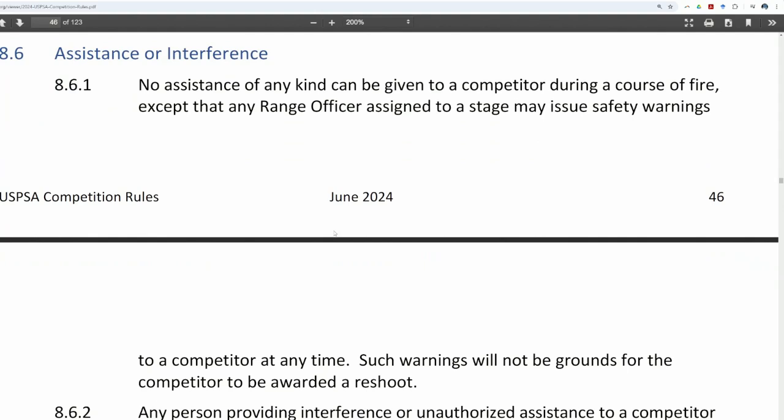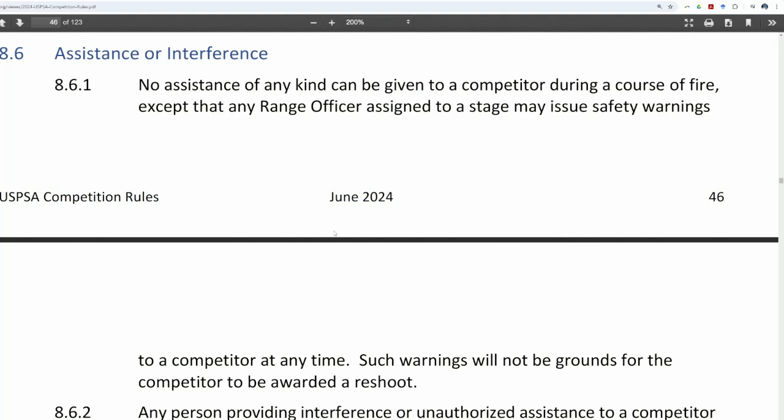Here is where we can, as a community and as ROs, give safety warnings to appendix carry people when they're lined up in a manner that they might draw and point uprange. 8.6.1: No assistance of any kind can be given to a competitor during a course of fire except that any RO assigned to a stage may issue safety warnings to a competitor at any time. Such warnings will not be grounds for the competitor to be awarded a reshoot.